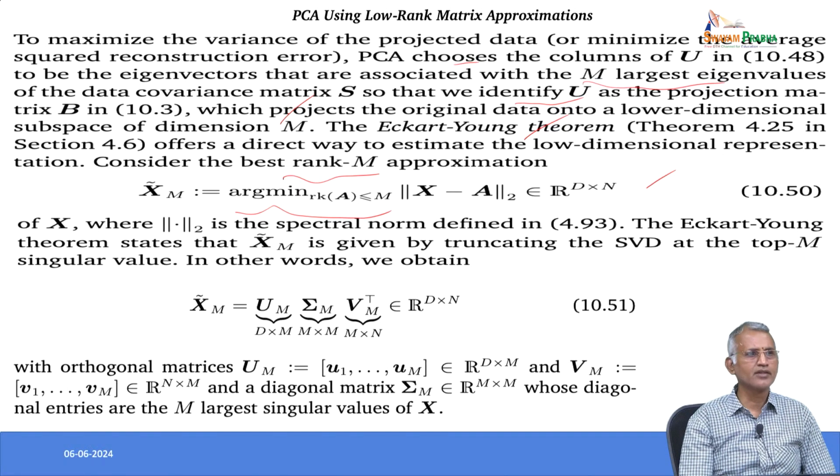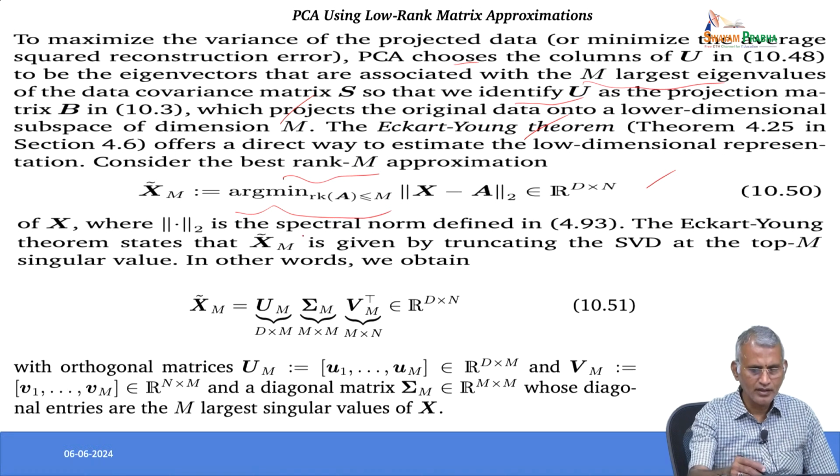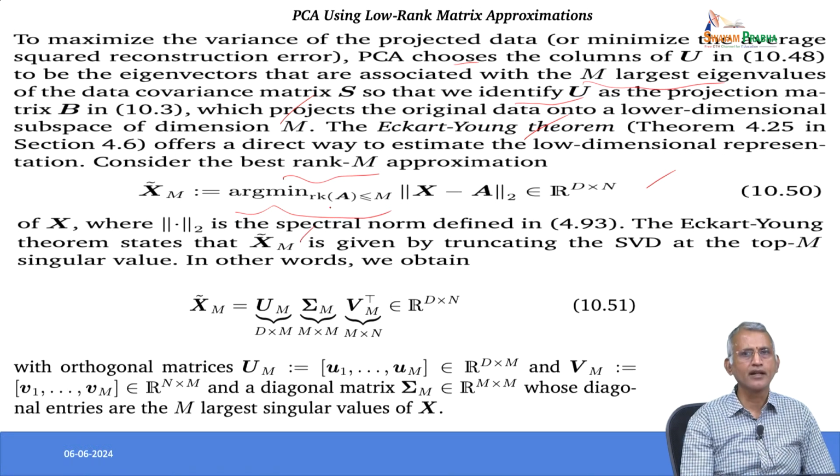The Eckart-Young theorem states that X_m is given by truncating the singular value decomposition at the top M singular values. In other words, we obtain X_m bar equal to U_m Sigma_m V_m transpose, where U_m is identified as the projection matrix B.